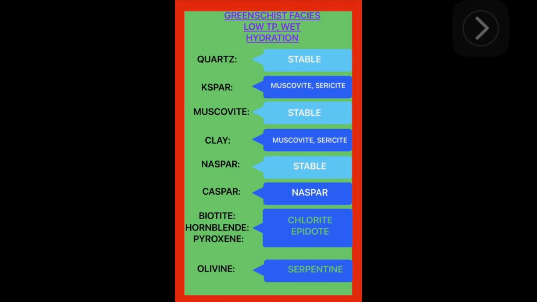And minerals like potassium feldspar, I call K-spar, and clay minerals that don't like Greenschist facies do get hydrated and turn into Muscovite and or its finer grained equivalent sericite. And very significantly, Biotite, Hornblende, pyroxene, and olivine get hydrated or more hydrated and turn into greenish minerals that are characteristic of Greenschist facies metamorphism.